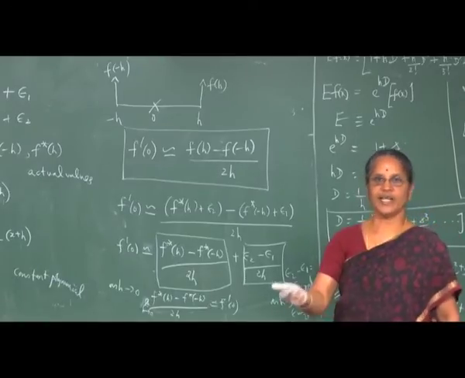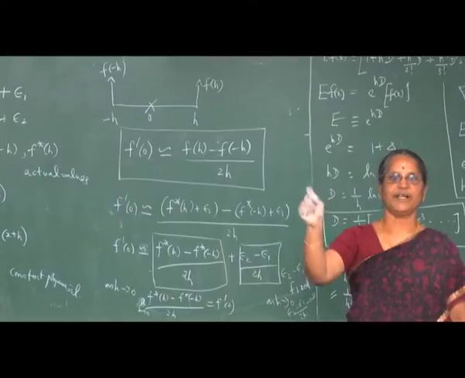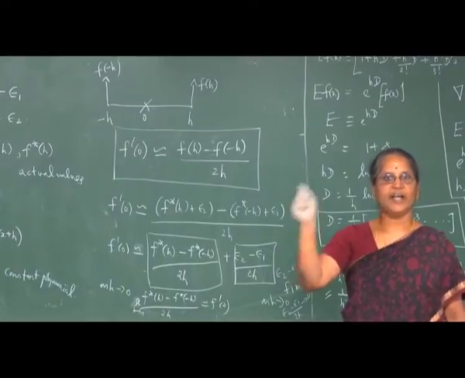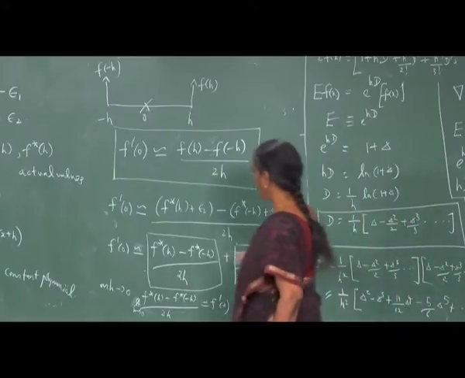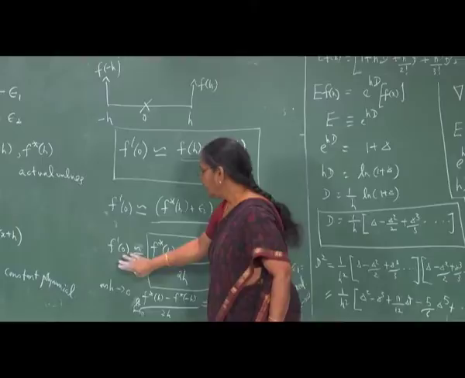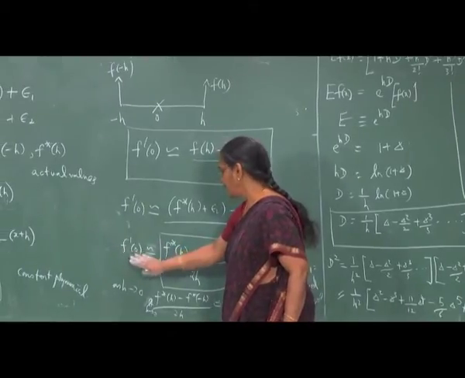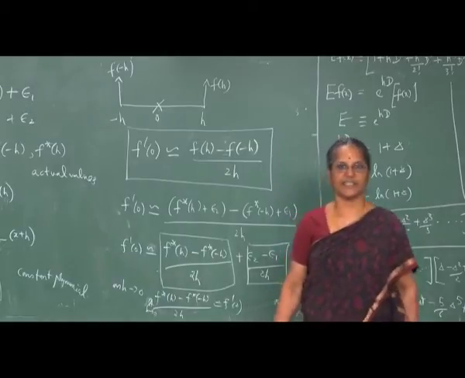So, this tells you that there is an optimal h that must be taken in order that this numerical differentiation formula will give you an estimate which is accurate enough to be considered for computations.